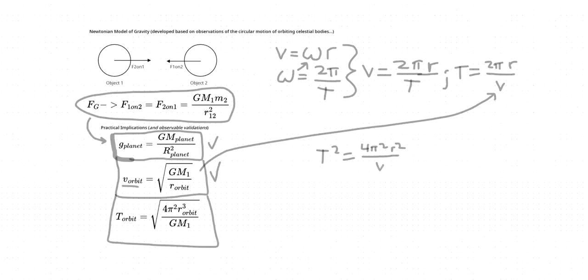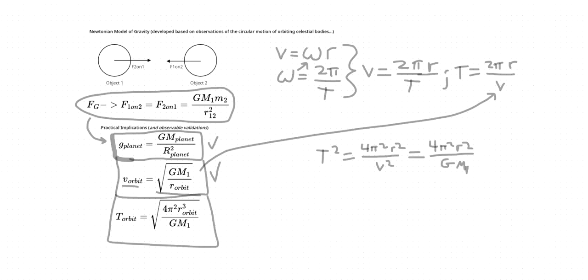And that just means where I put v orbit squared, I can get rid of the square root over here on the right. I just put everything that's there, meaning this would be 4 pi squared r squared over, well, I have G, mass of the thing being orbited, we'll call it a planet.